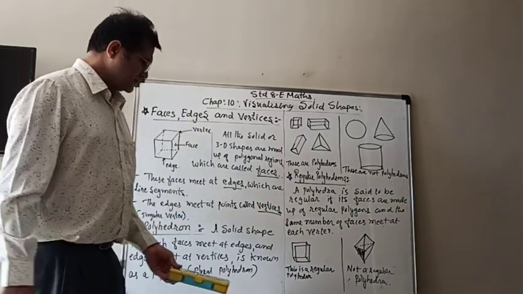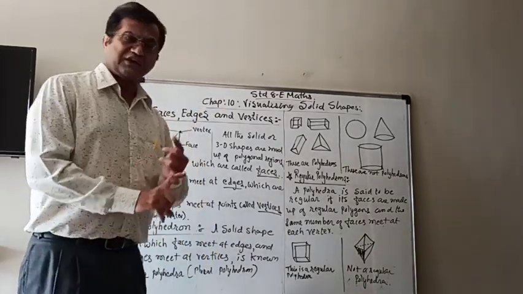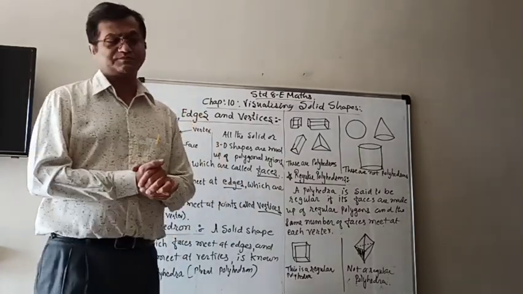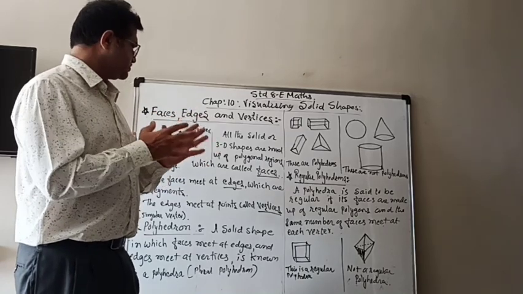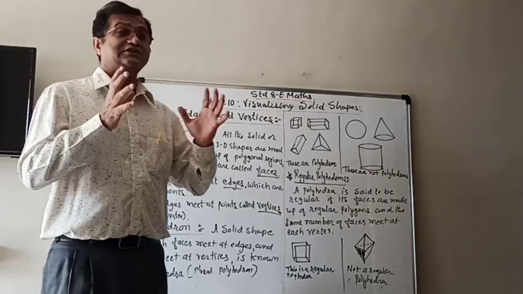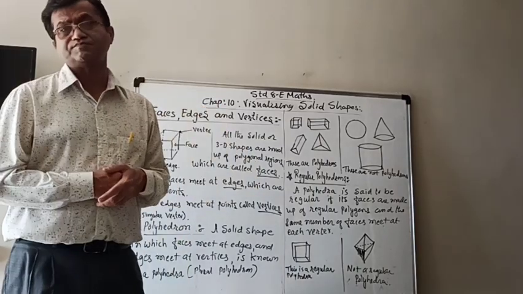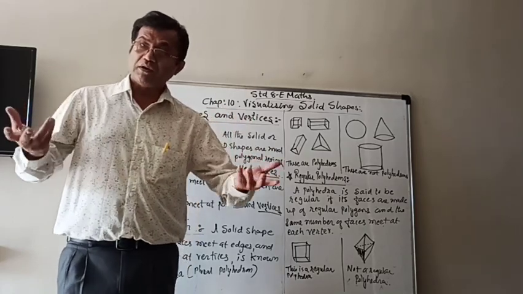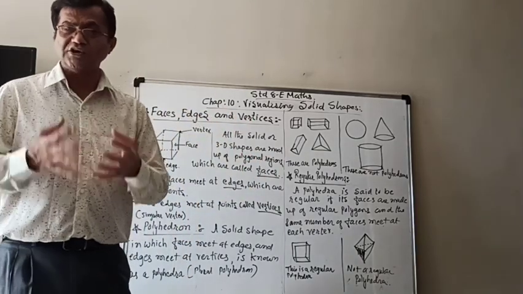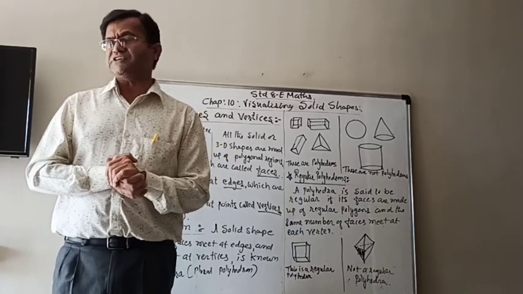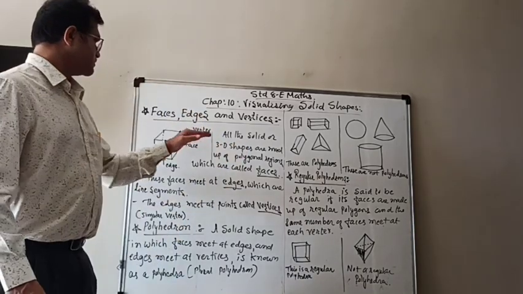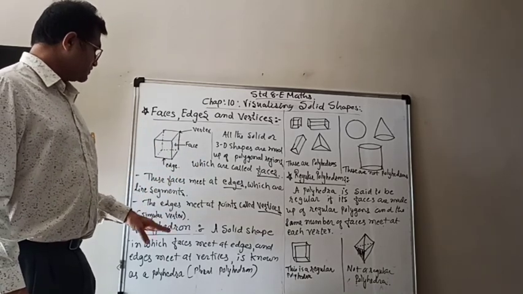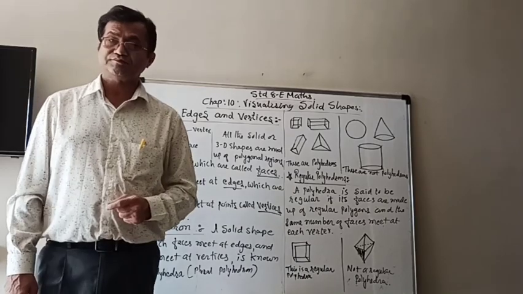So we are now familiar with the faces, vertices and edges of a solid object. Now each type of solid shape does not have this situation. Some don't have edges, some don't even have vertices. But those 3D shapes which have faces, vertices and edges are known as polyhedra.